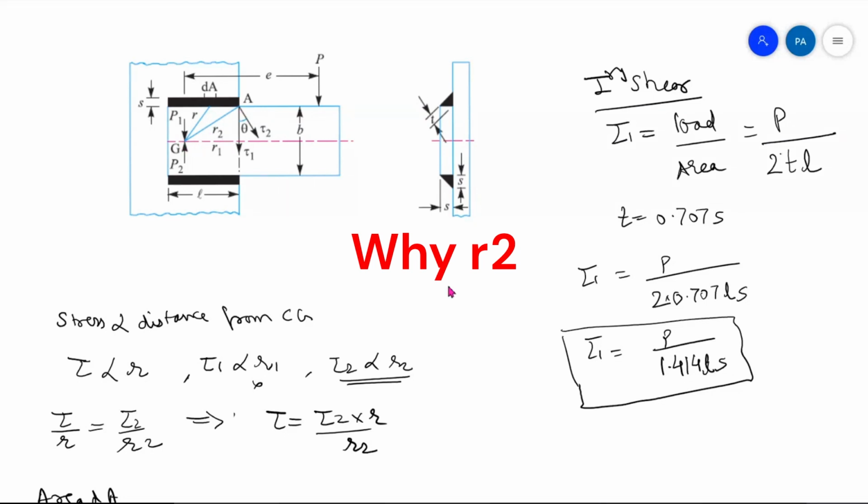Now why R2? Can anyone tell me this? Why R2? Sir, R2 is the distance from centroid to tau 2. Can you repeat? Sir, R2 is the perpendicular distance from centroid to tau 2. Hence, we can take R2. R2 is the distance from centroid to tau 2. Tau 2 is nothing.